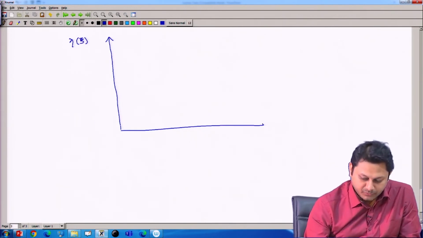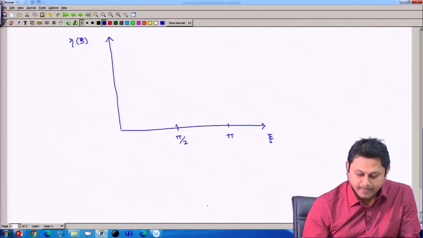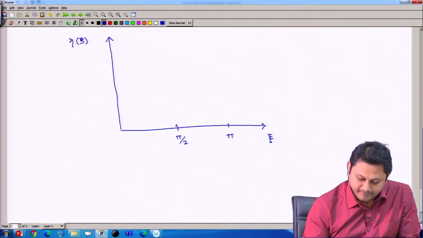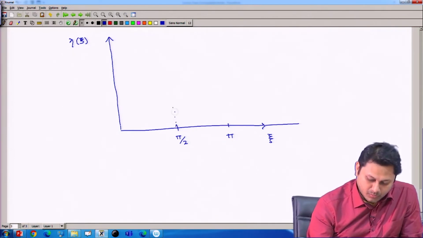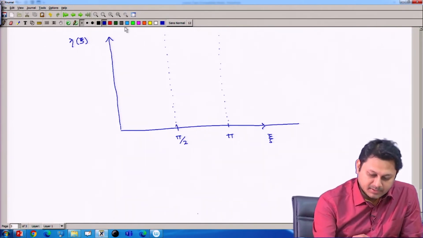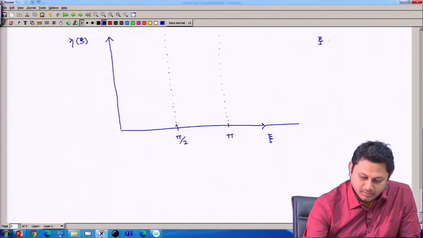Now, I want to plot the full picture. This is xi, and suppose this value is pi by 2 and this is pi. So, I am plotting xi tan xi.